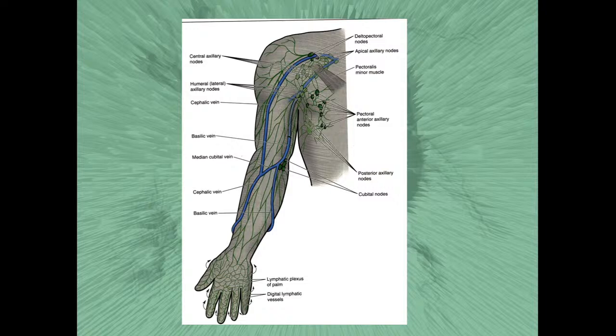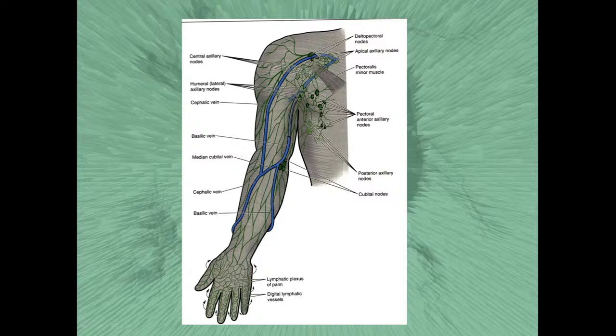located in the axillary cavity and represented by five groups of lymphatic nodes corresponding to the walls of the axillary cavity. What are the groups here? Pectoral group of lymphatic nodes, then the humeral group, subscapular group, central group, and apical group of lymphatic nodes.